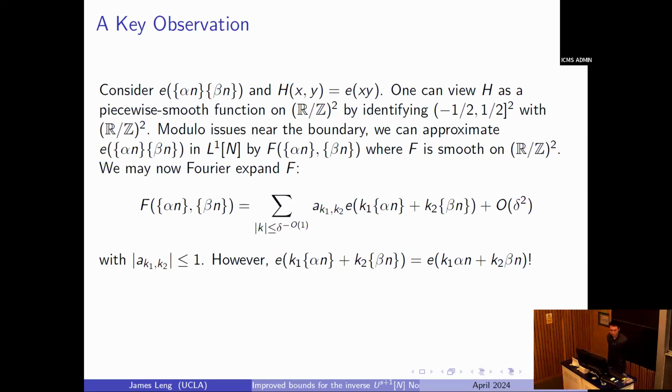So what you do is you take your smooth function f and you just Fourier expand it into a bounded number of Fourier coefficients plus some small error.